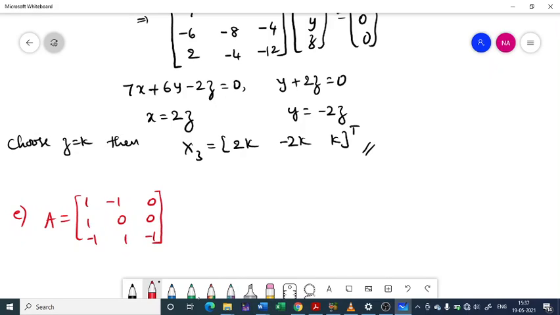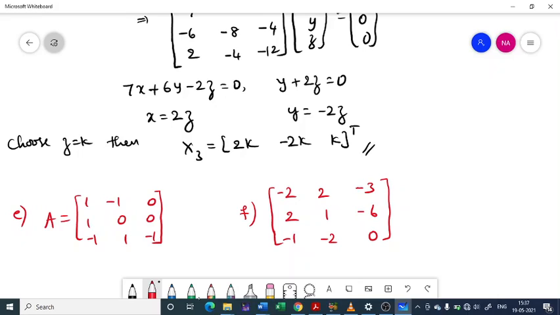So this is the one you need to consider as exercise. Next, there is one more exercise, F: minus 2, minus 2, 2; minus 3, 2, 1; minus 6, minus 1, minus 2, 0.